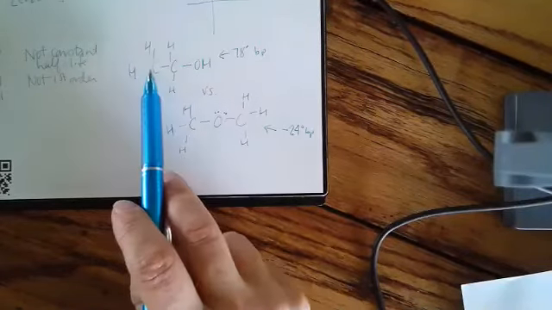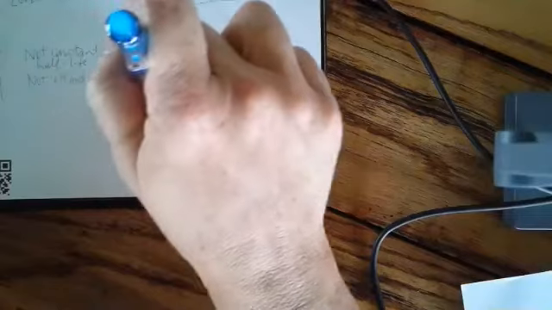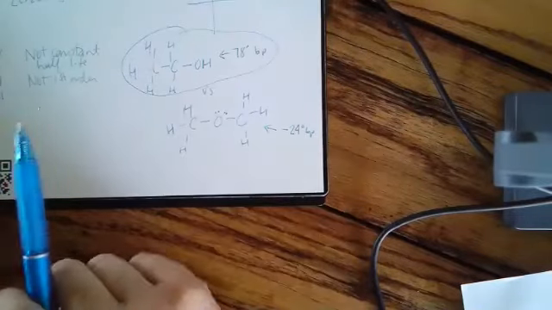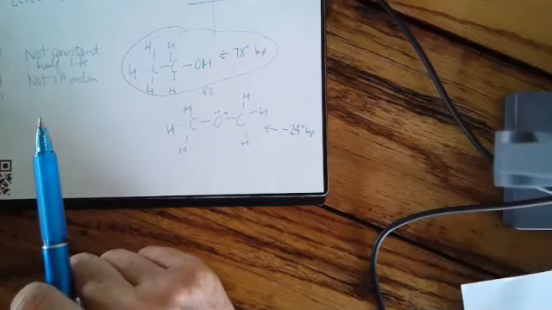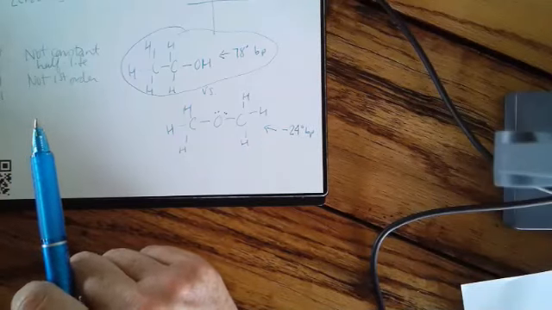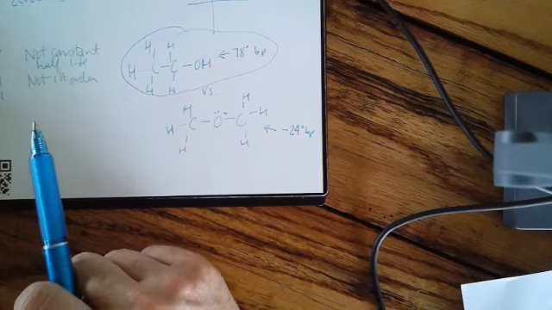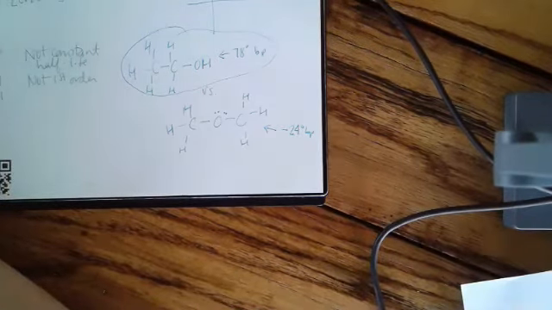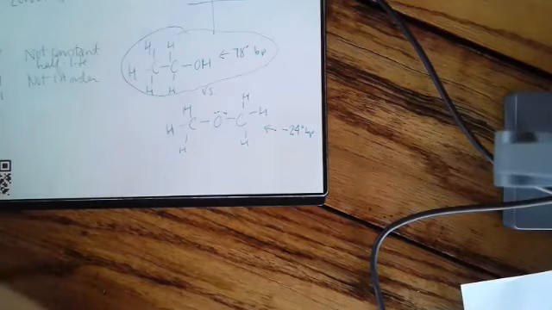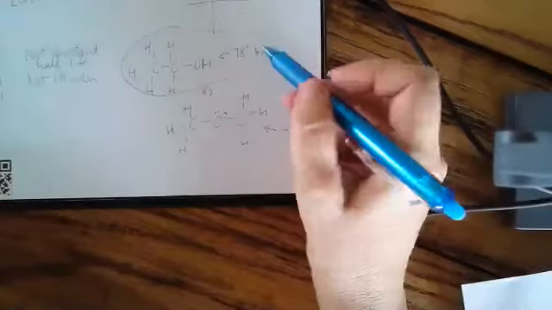But clearly the forces are way higher in this one, right? Yes. The boiling point is way higher. The question says, which force is most responsible for the difference in boiling point? Dipole. It's not your dipole force.